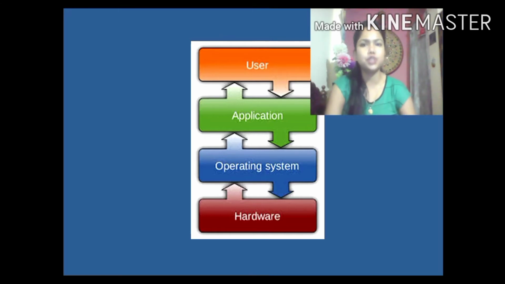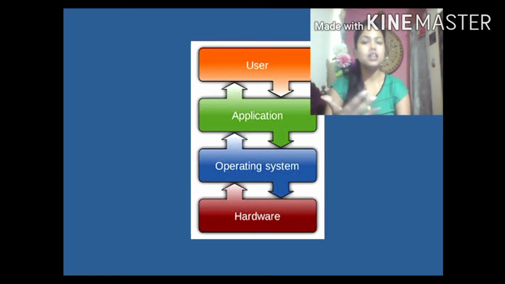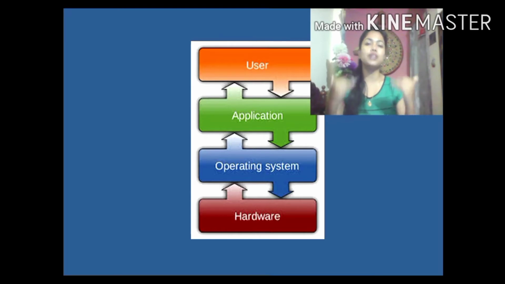Because hardware is a machine, and the machine does not understand our language, or we cannot understand the hardware's language. So we need someone in the middle who will help us to communicate. Operating system is something which helps us to do that. It translates, or it helps in communicating. It translates our language into the hardware's language, and the hardware's language it shows us in a format which we can understand.